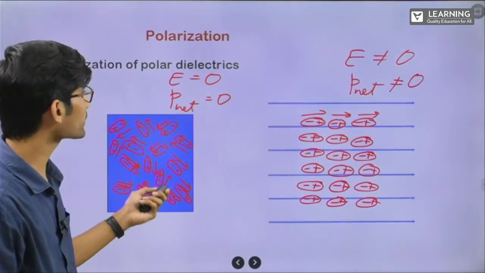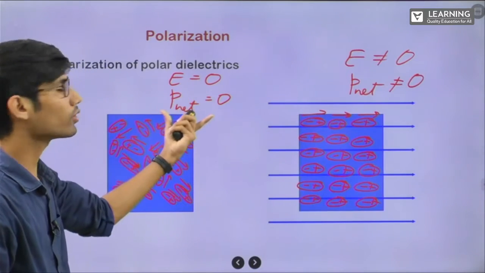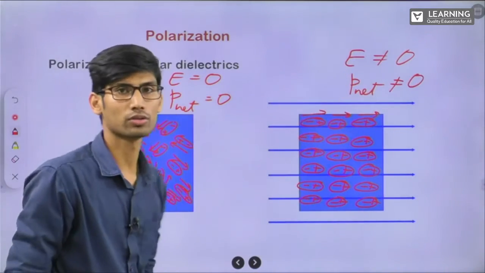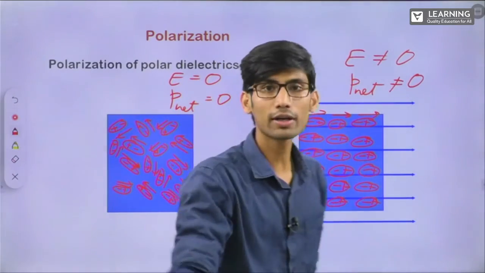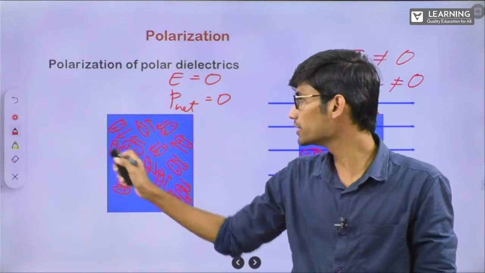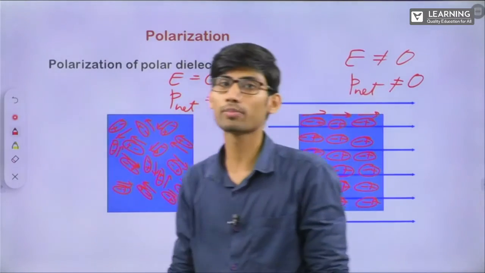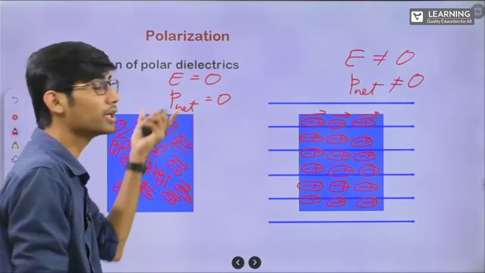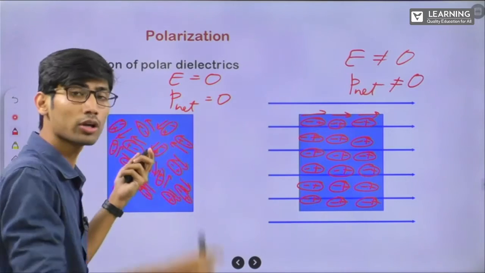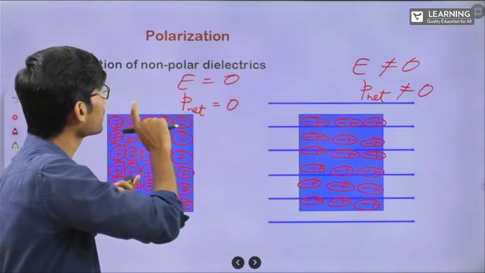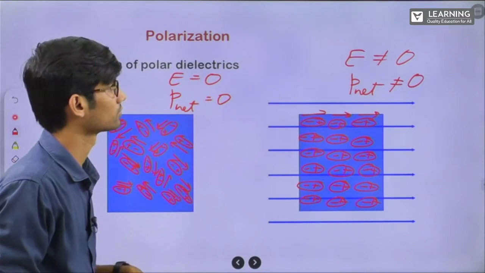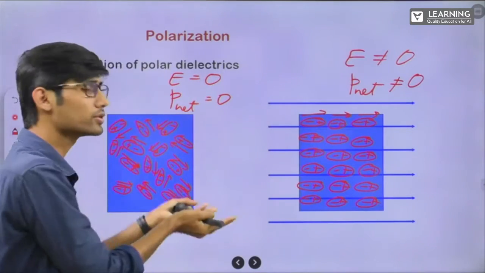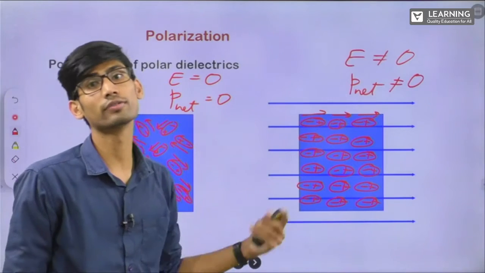In polar also the same thing, E 0, P net 0, E not 0, P net non-zero. The only difference is if you go to molecular level and see, then you will understand that here these dipoles are not arranged properly, and here the dipole moment will be there, molecular level also, but in non-polar the dipole moment will not be there. But overall if you see, net dipole moment will be zero if there is no electric field.